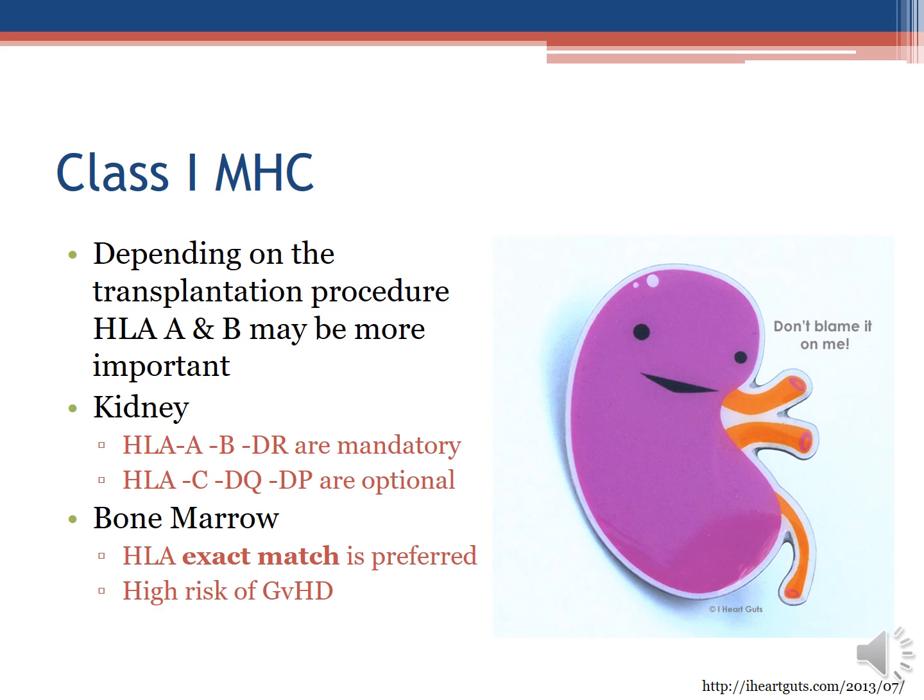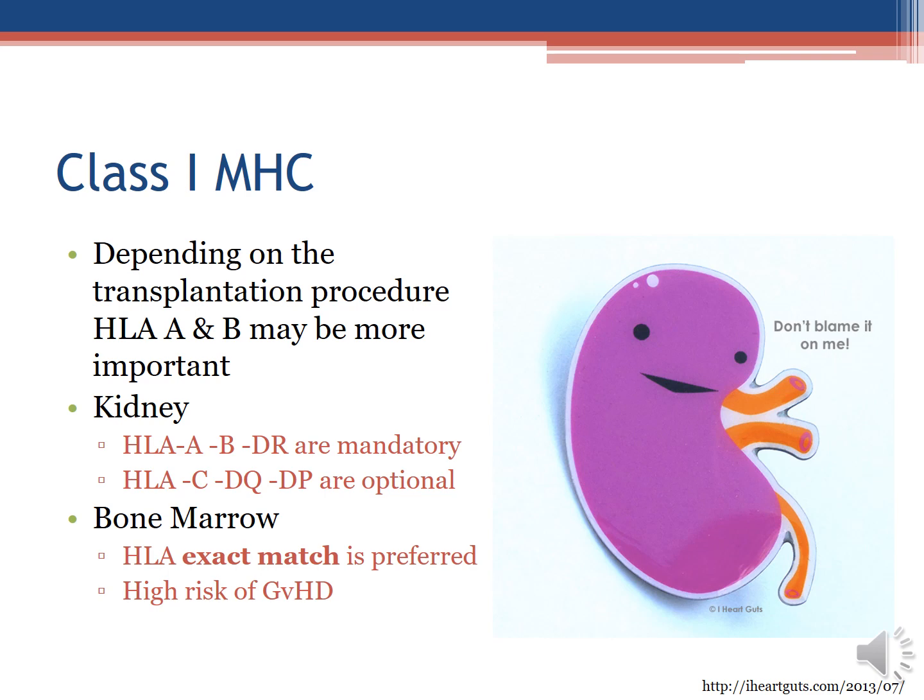Remember that C is not expressed as much as A and B. So, for instance, in a kidney transplant, we want HLA A and B to be exact, and C, if it matches, that's great. If it doesn't, they usually consider this optional. So HLA A and B are mandatory, and HLA C is optional.